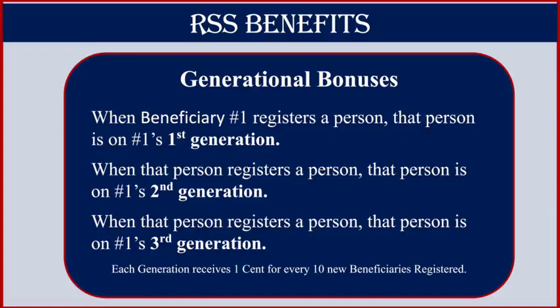So I sign up Tracy, and she's on my first generation. Now, when Tracy signs up a person, then that person is on my second generation. And let's say that's Ren. And so Ren is on my third generation.